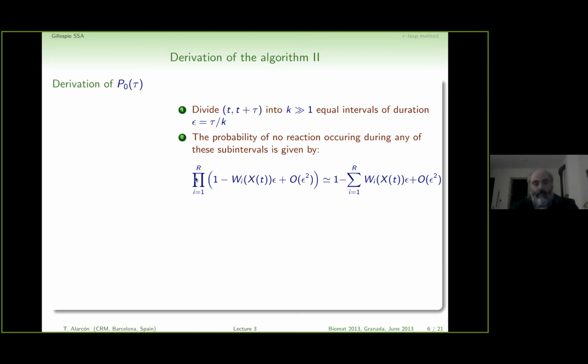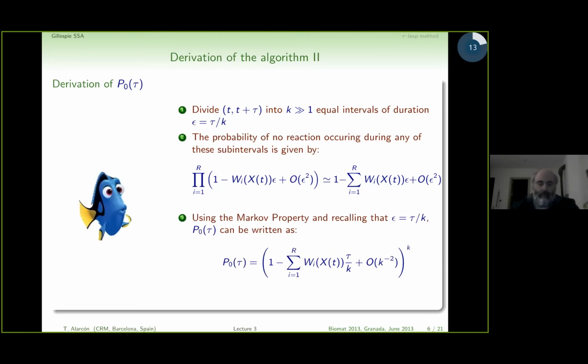Because we are assuming that all the different reactions occur in a statistically independent way, the probability that nothing has occurred during this time interval epsilon is the product of all these probabilities. And because we are assuming that k is very big and therefore epsilon is very small, we can approximate this product as 1 minus this sum plus things that are of order epsilon squared.